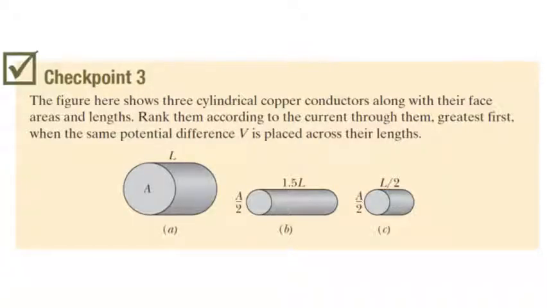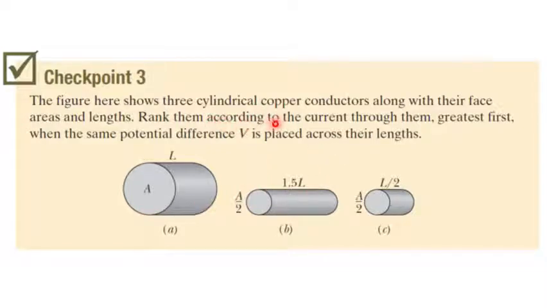As an example, the figure here shows three cylindrical copper conductors. So all of them are made of copper. All of them have the same resistivity along with their face areas and lengths. So these are the face areas and this is the length.